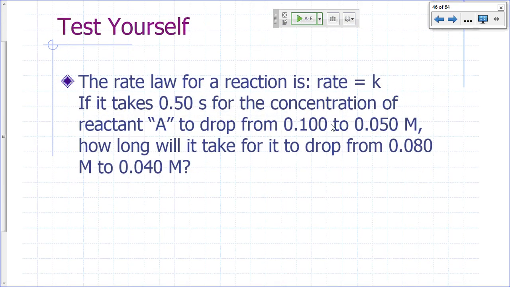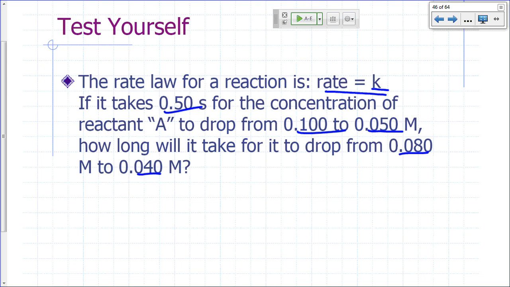Let's try this one. Again, zero order. Takes half a second to go from 0.1 to 0.05. How long will it take to go from 0.08 to 0.04? You're cutting it in half, right? Both cases.